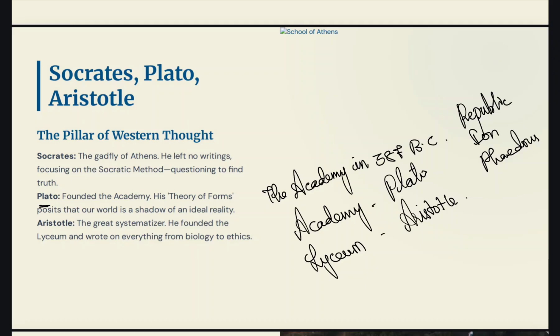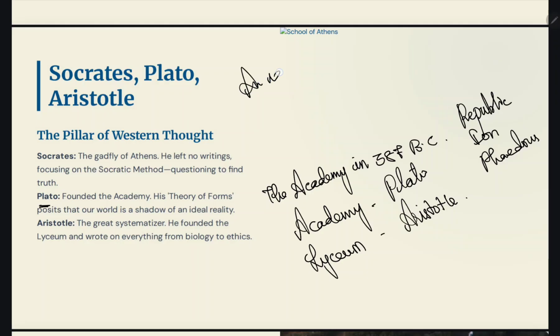Imagine a real chair and the painting of the chair, and the painting is two steps away from truth. An ideal truth, a real chair, a painting of the chair, and the painting is two steps away from the truth. And this is what he attempts to say: art becomes an imitation of an imitation.